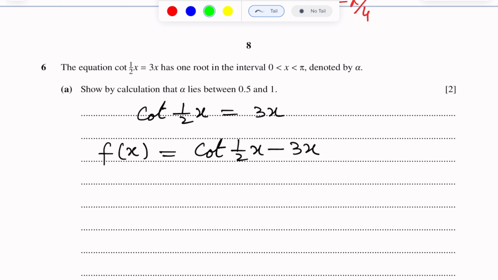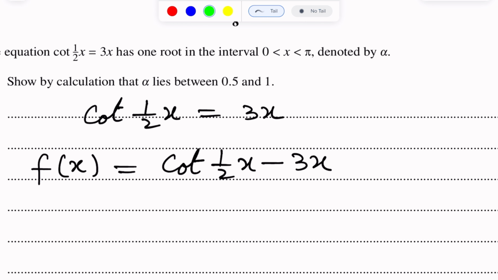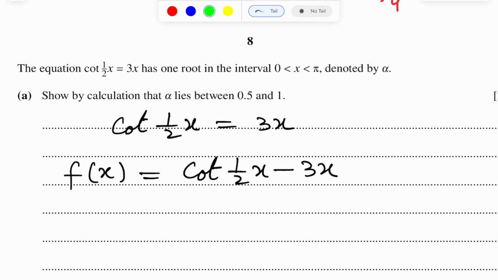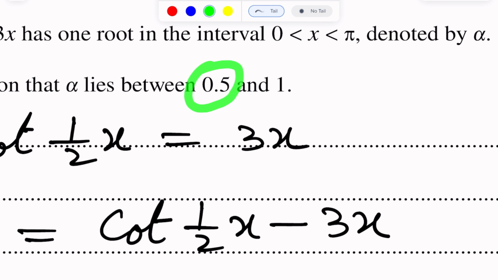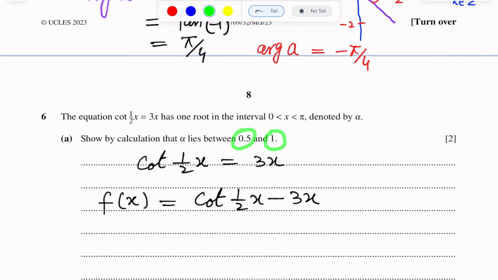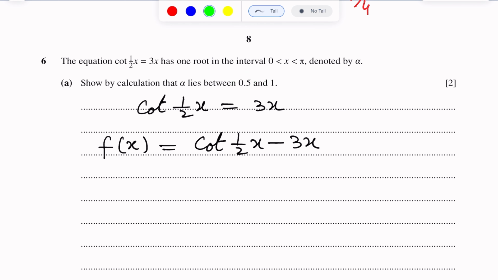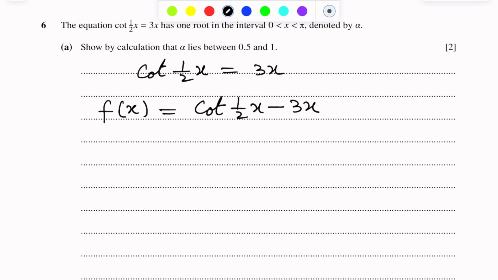Now we have to show that the root of this equation lies between 0.5 and 1. So first we will set the calculator mode on radian. Now separately we are putting these two values, 0.5 and 1, here. We will check the sign.